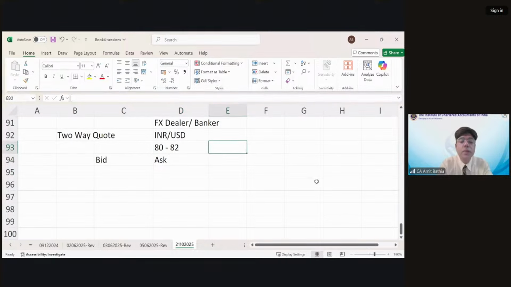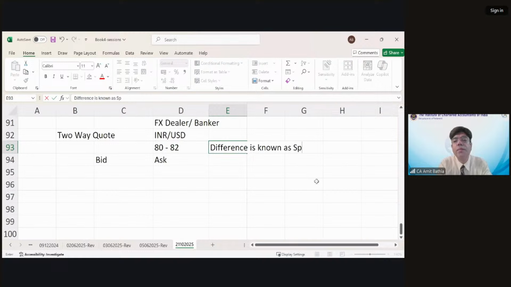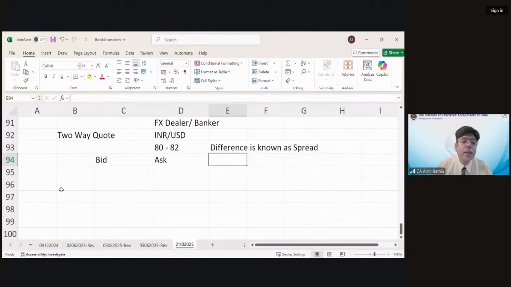What is the difference? The difference is known as spread, right? The difference between 82 and 80 is known as spread. All right. Okay. So generally, please remember, bid price is always lesser than the ask price, because obviously banker is also a business.